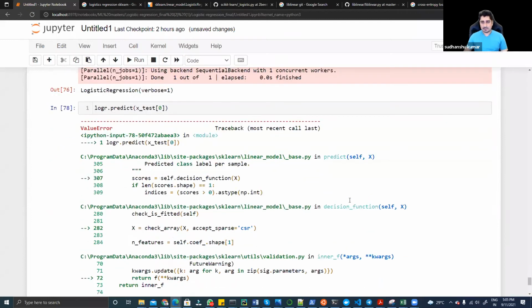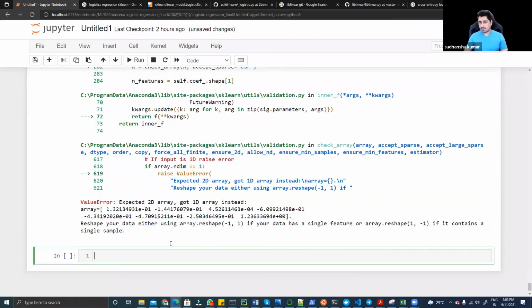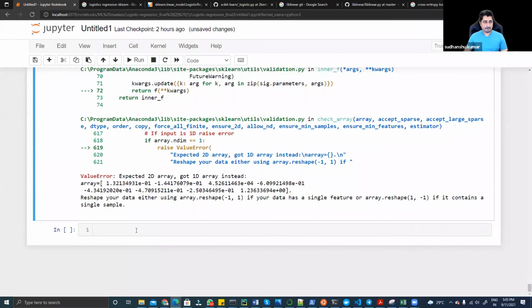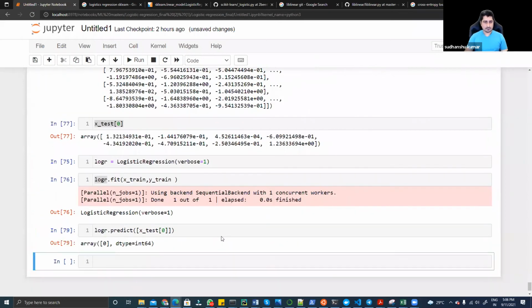Data set reshape, single feature, it contains the single one. So what is the outcome that we are able to see? Can I say that outcome is equal to 0, means class is equal to 0? So this is the prediction class that we are able to receive, right?